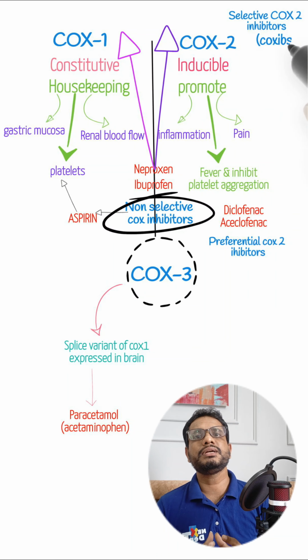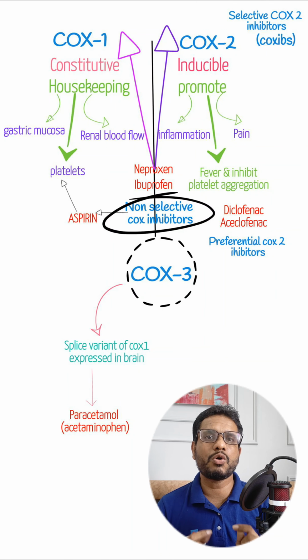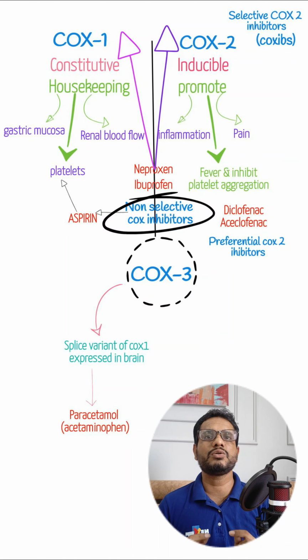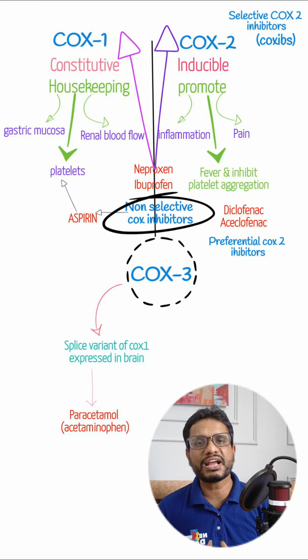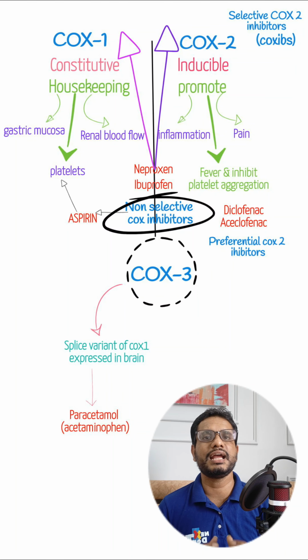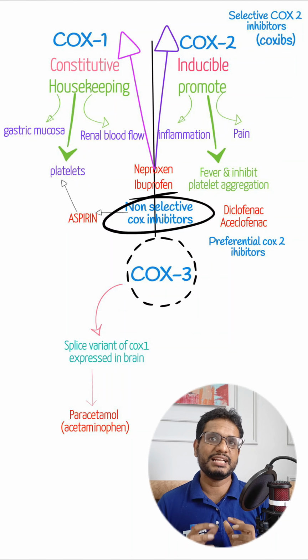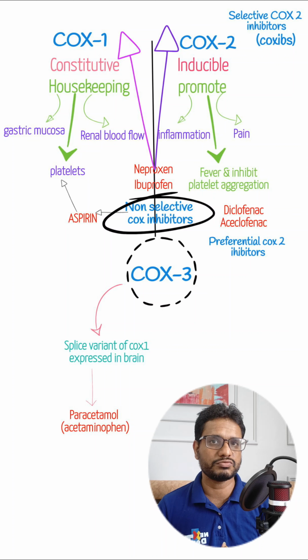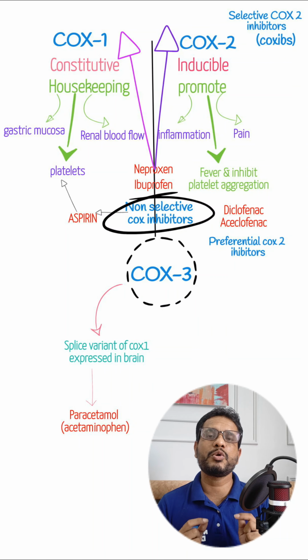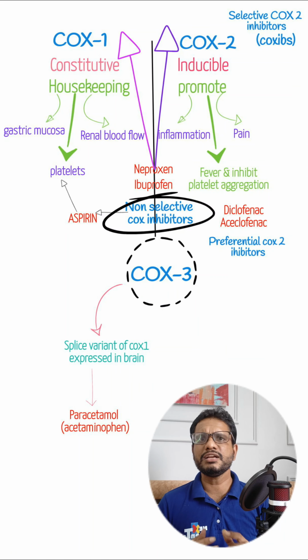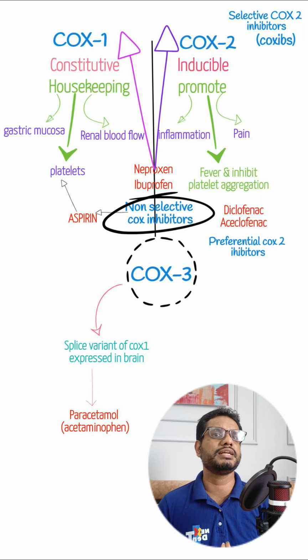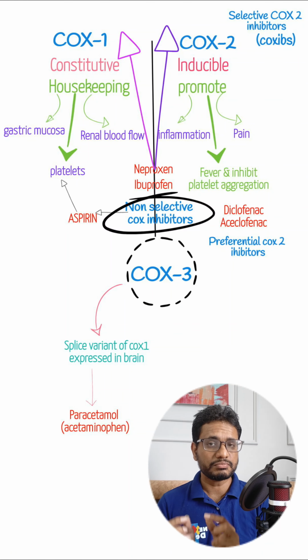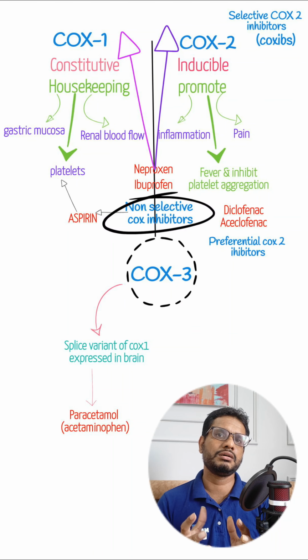COX-2 selective inhibitors are also there, which are known as the COXIBs. They specifically inhibit COX-2, making them effective anti-inflammatory, analgesic and antipyretic agents, and they have lower risk of gastrointestinal side effects because they do not inhibit COX-1. However, these drugs have potential side effects. Inhibiting COX-1 can impair gastric mucosal protection, increasing the risk of ulcers and bleeding, and can affect renal perfusion as well, and it generally occurs in individuals with renal disease.